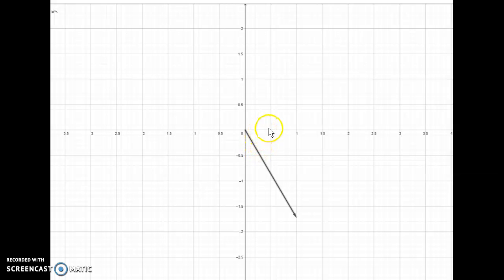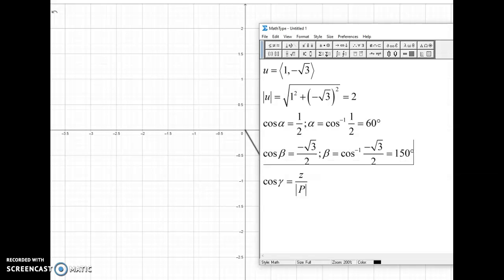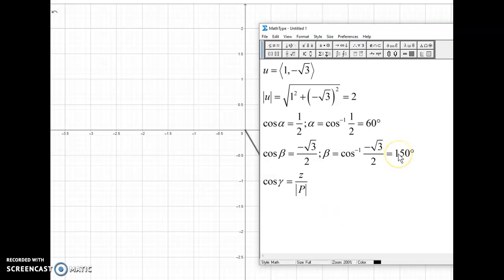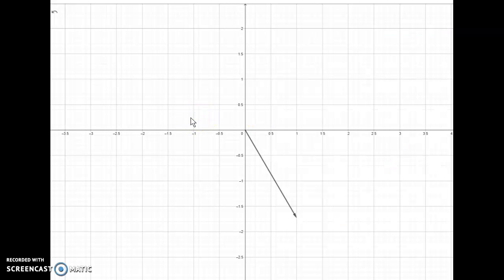So the value we got just now is 60 degrees. As for y, we get 150. Let's make sense of it. Remember I said just now, to find the angle, it should be from the positive side.